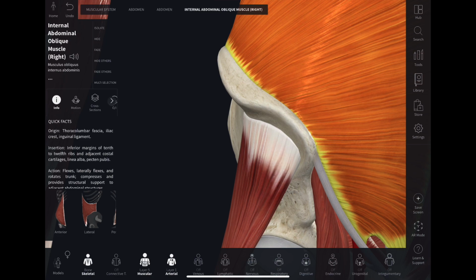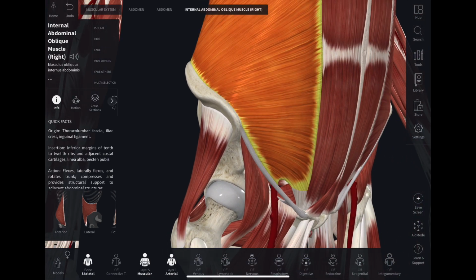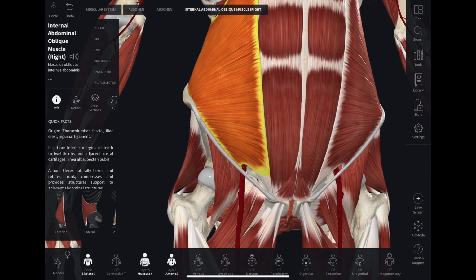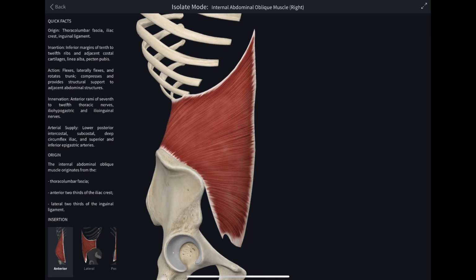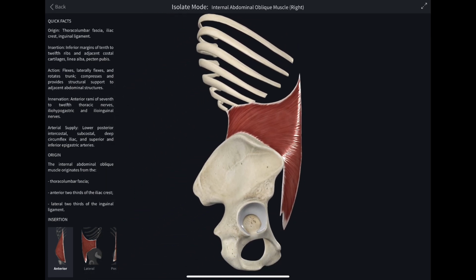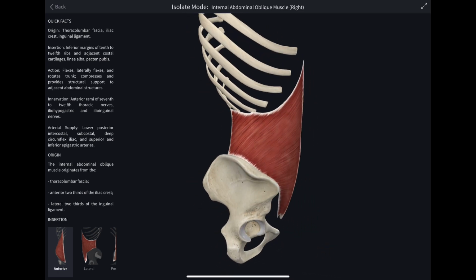The muscle wraps around the side of the abdomen to the linea alba and the inguinal ligament, which you could see right here. Okay, so it wraps around on the side.